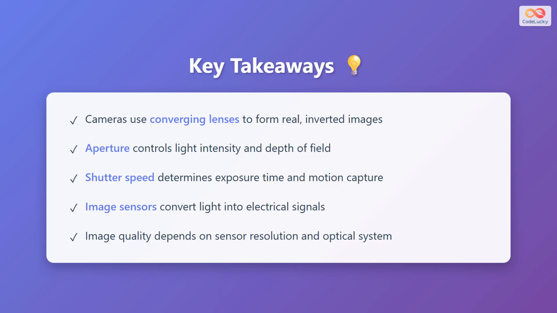Fourth, image sensors convert light into electrical signals using sophisticated photodiode arrays, with CCD and CMOS being the two primary technologies. Finally, image quality depends on multiple factors including sensor resolution, pixel size, lens quality, and signal-to-noise ratio, all working together to produce stunning photographs. Understanding these principles gives you a solid foundation in camera optics and image formation.